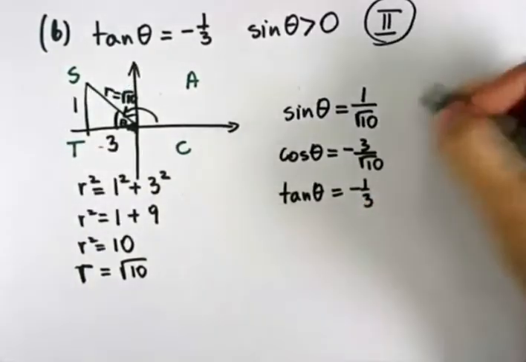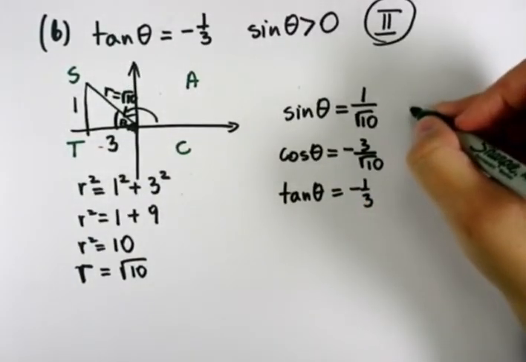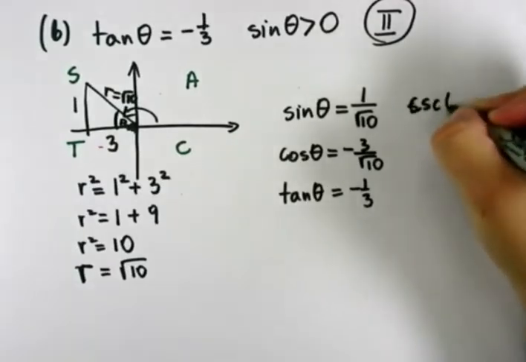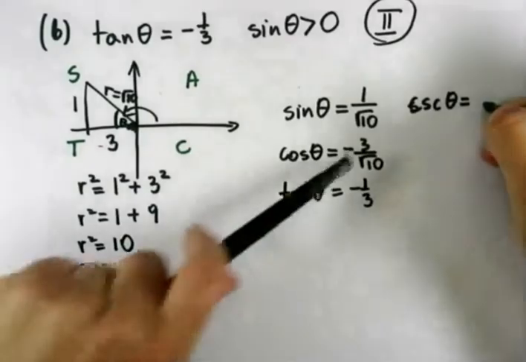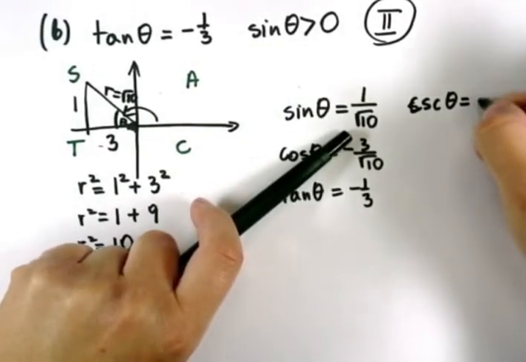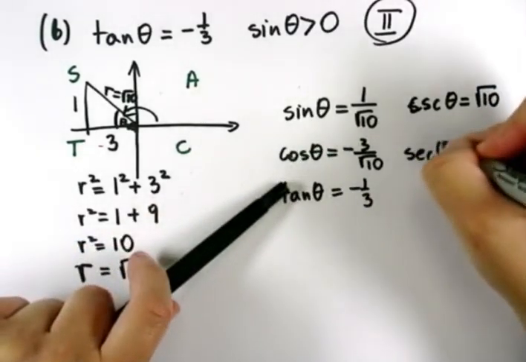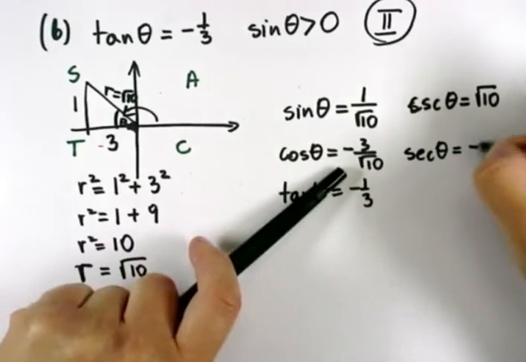And then the reciprocal ones. Cosecant theta: flip over the value, so it's root 10 over 1, which is root 10. Secant theta: flip the value over, root 10 over 3.